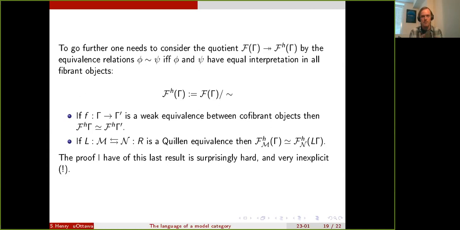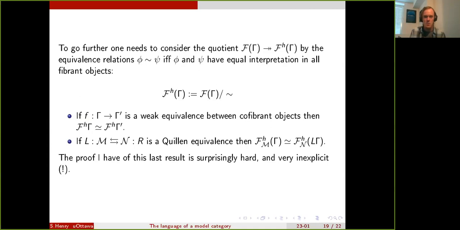I couldn't give a proof of that by a simple induction on formulas. To be even more precise, the injectivity of the map was easy to prove, but the surjectivity was very hard, and I couldn't make an easy induction on formulas work. I had to use very complicated techniques of model category theory, some of which are not written yet, and that's why all that is not written yet, because it relies on other things that are not ready.